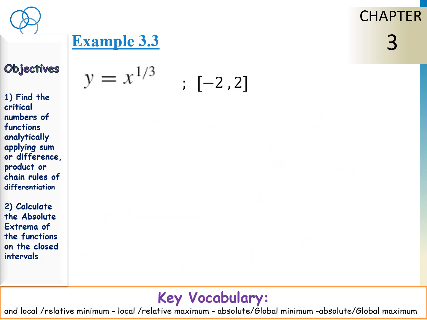Over here there is a cubic root function. First of all, understand a few things. It is x to the power of 1 over 3. It can also be written as the cubic root of x.